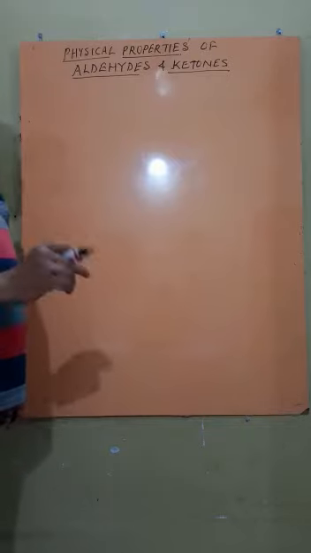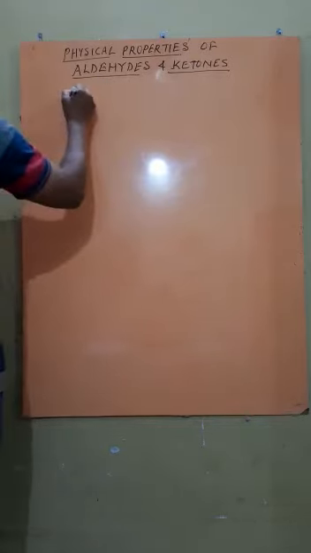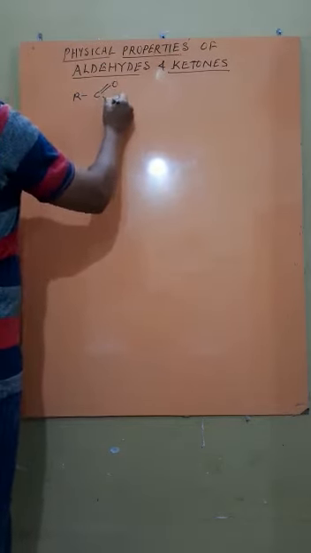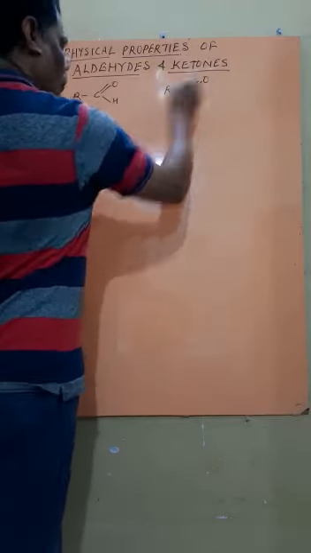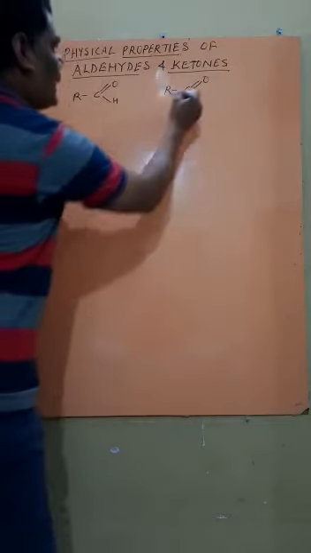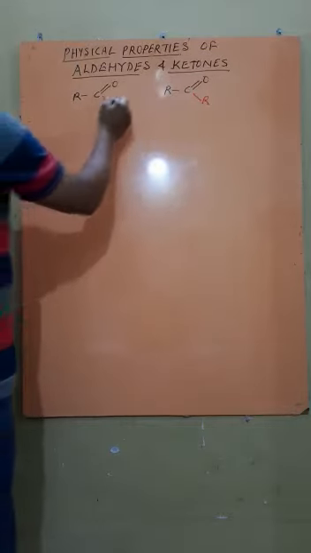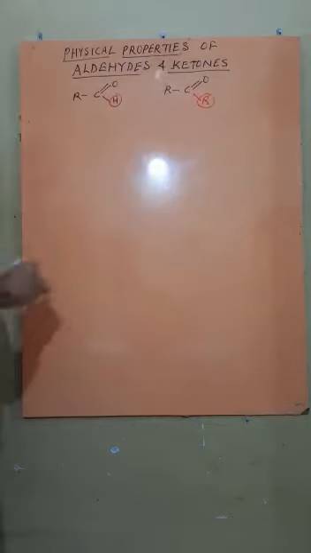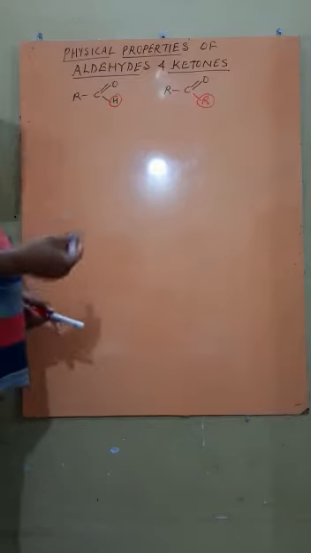They only differ by R and H. Like here, in the aldehyde, this is R, C double bond O, and this is H. While in the ketone there is R, C double bond O, and what is the difference here? The difference is there is again R. So this is the difference between aldehyde and ketone, H and R only, but the rest of the things are common. Therefore, commonly we are having the physical properties of aldehydes and ketones.